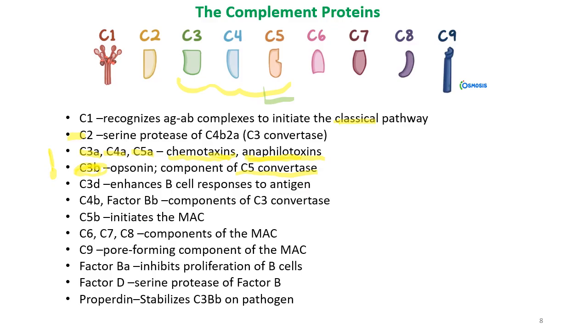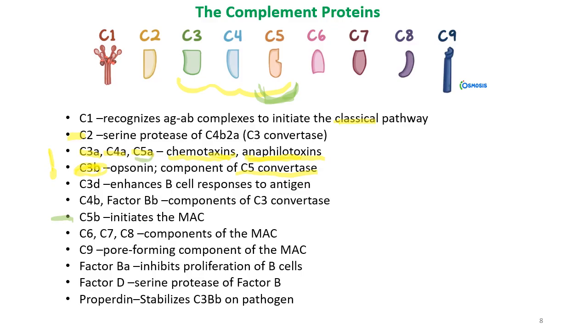Then you have here, okay, C4b, okay, C5b. Once C5 gets cleaved, remember with zymogen, it's going to get cleaved. You have one part of C5 that flies away, that's the C5a. Remember, C5a has those functions.